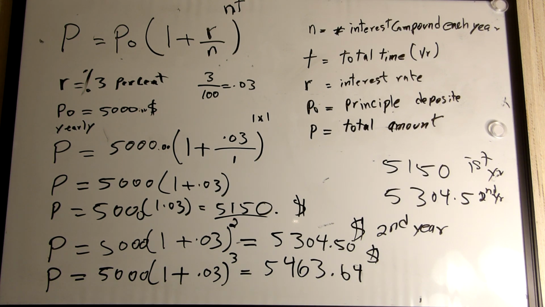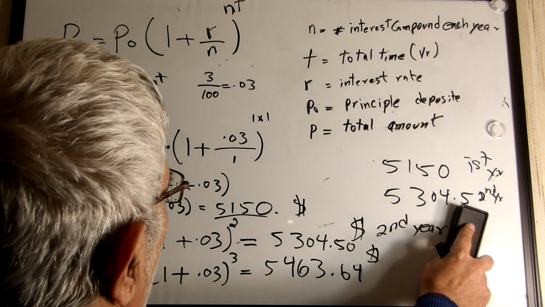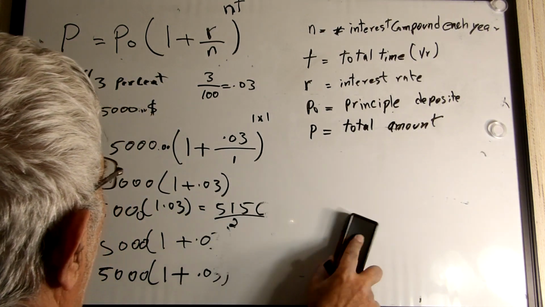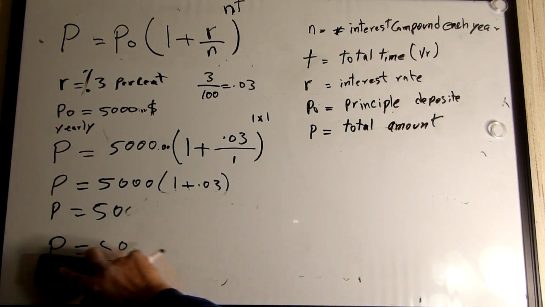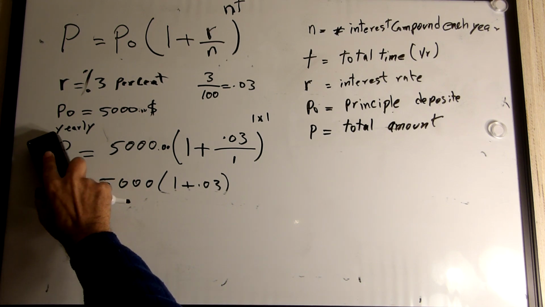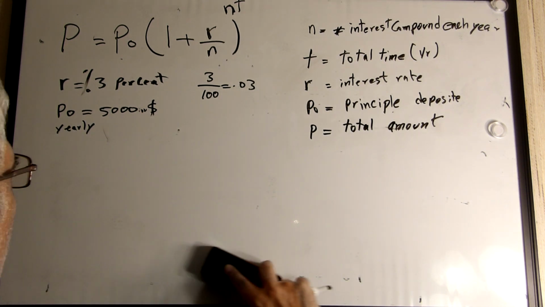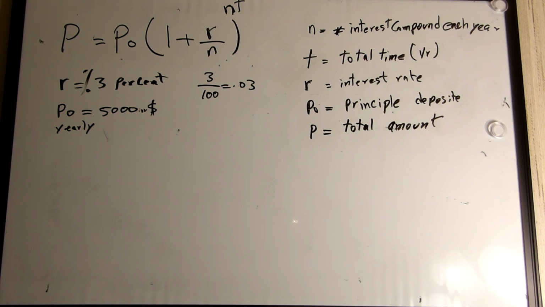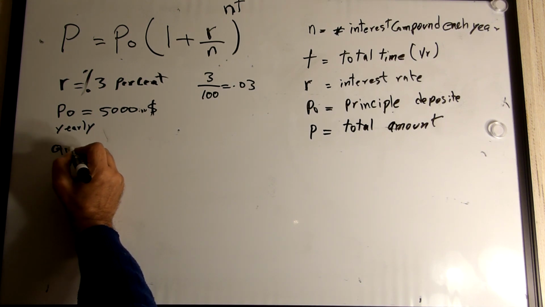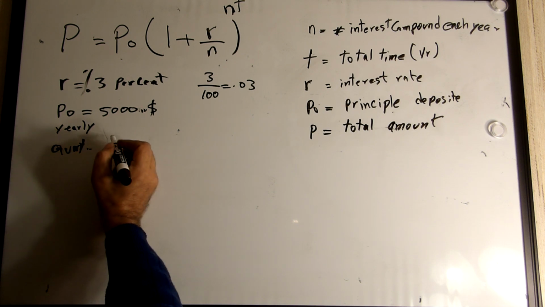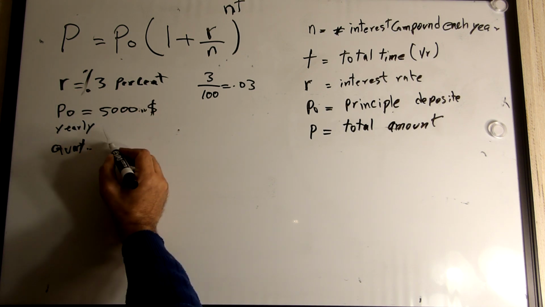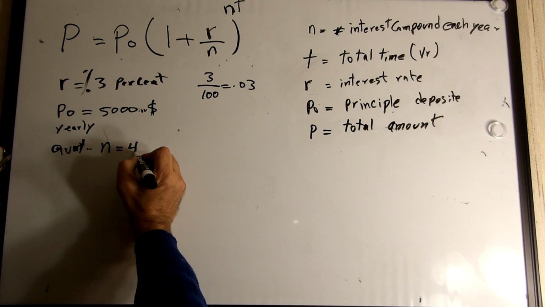So let's talk about if the interest is compounded, either yearly, or maybe quarterly. If we talk about quarterly, n is going to be 4.